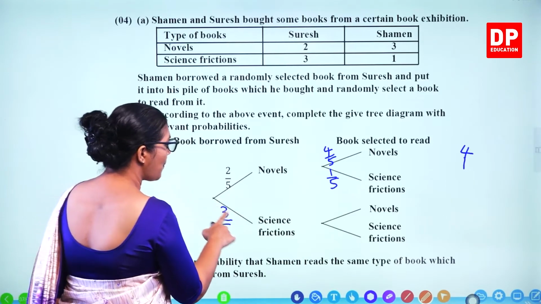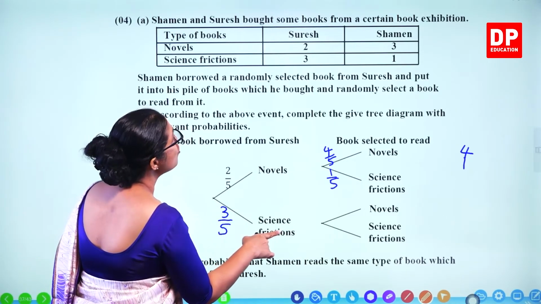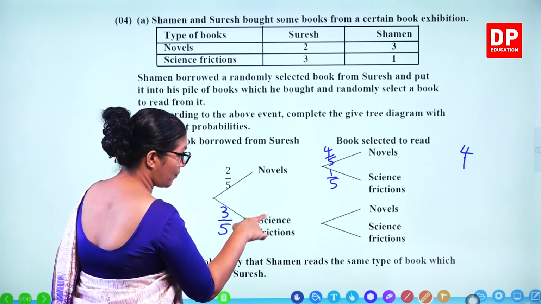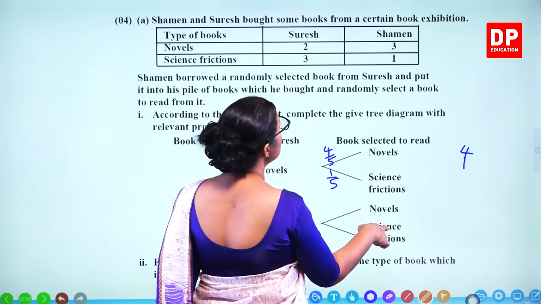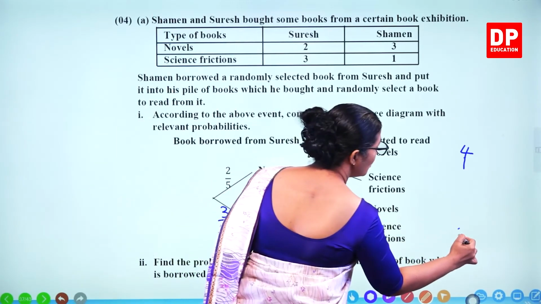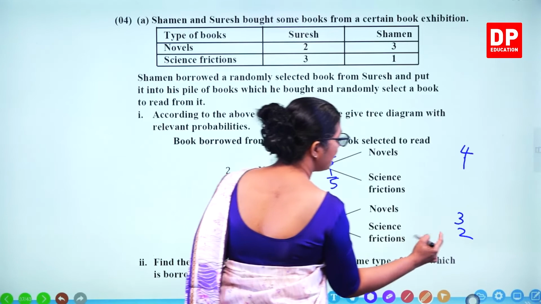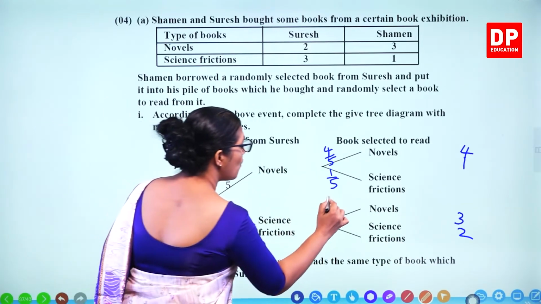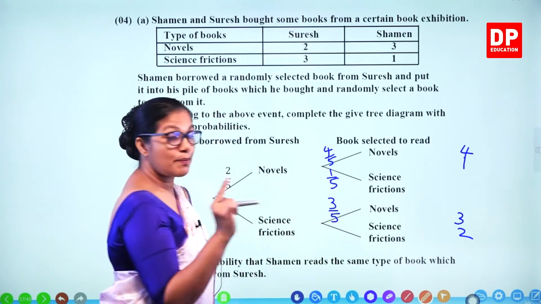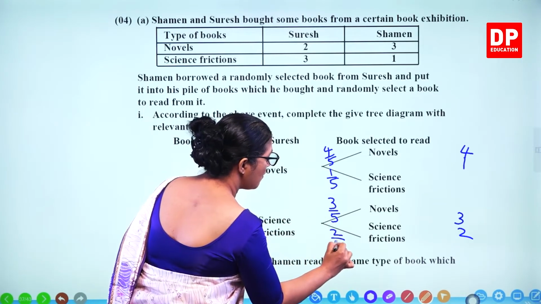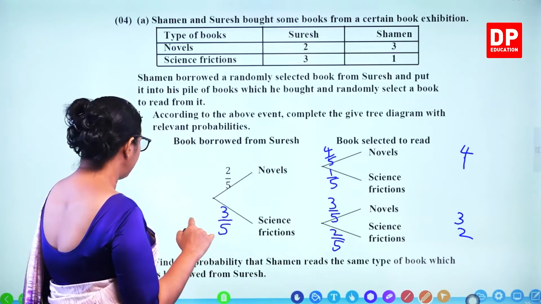Now think about this part. If Suresh has given a science fiction, so science fictions becomes 2 now and the other one 3. So what is the probability of getting a novel? 3 over 5. What is the probability of getting a science fiction? 2 over 5.